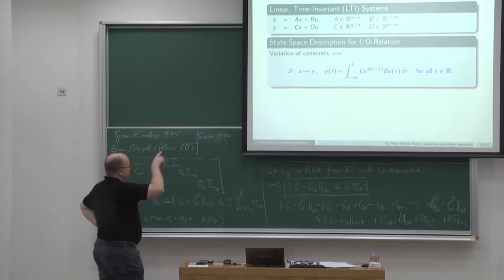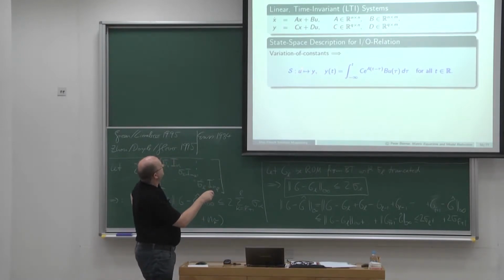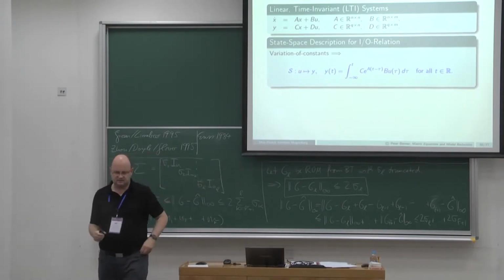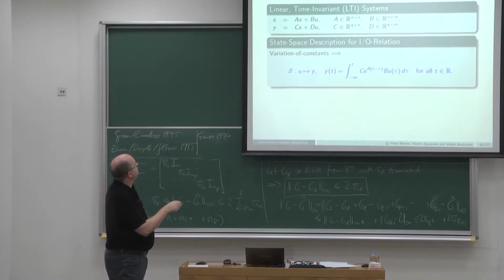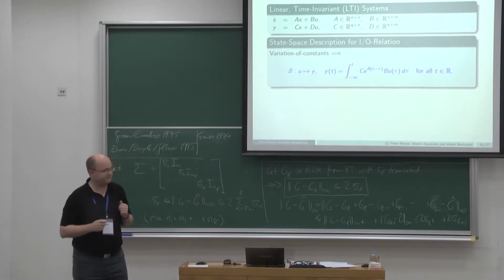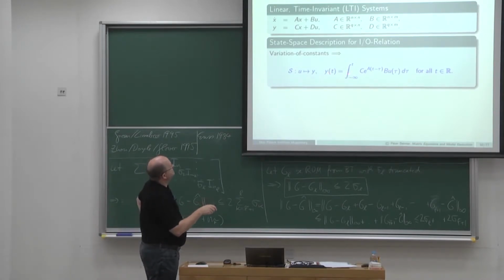And for that, we just first look at this operator here. It maps L2 functions in time domain, now defined on the whole real line, to L2 functions that also have to be defined on the whole real line. And y of t is by the variation of constants formula, because we set x0 to 0, just this integral, with upper bound t.